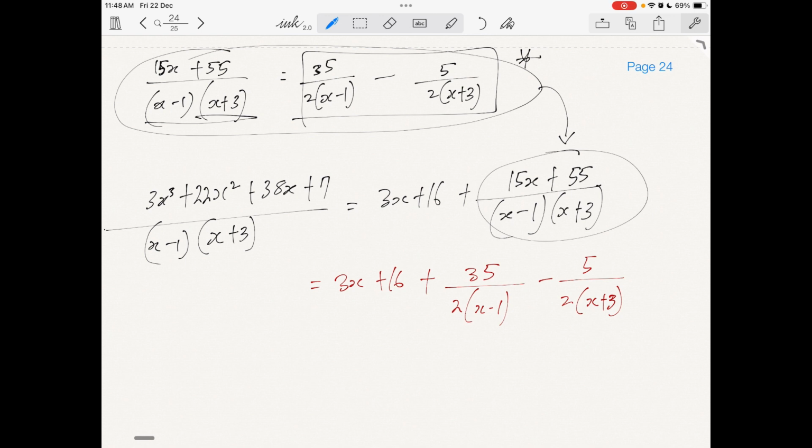After our long division, we then split the remaining side into partial fractions, which can be linear factors or non-linear factors, as the case may be. Then you return it back into the equation that we've generated from the beginning. So it is very, very important.